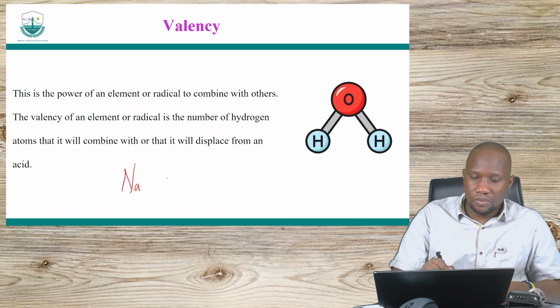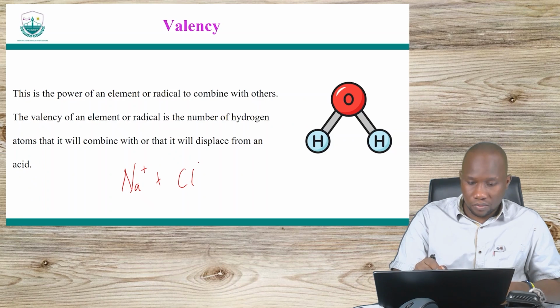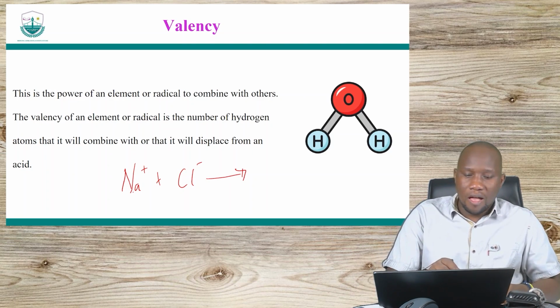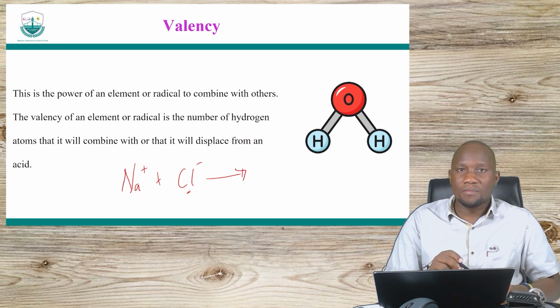combining with, let us say, chloride ions, we expect to form sodium chloride, right? How many chlorides will combine with sodium?